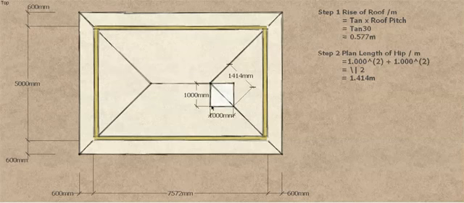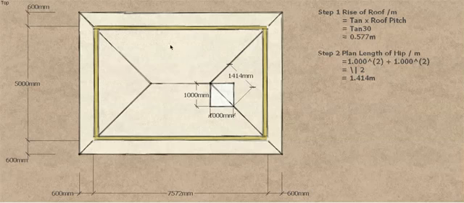So basically what that means is for every metre this way, on plan the hip runs 1.414 metres. So now we know that for every metre along the line of our half span, it rises 577 mil, and it runs 1.414.